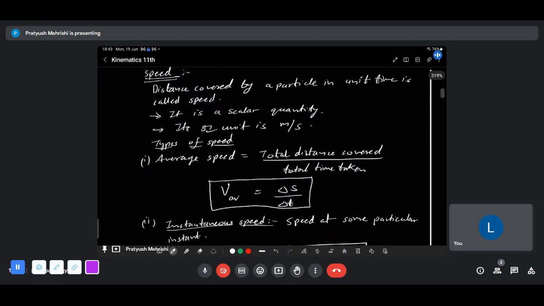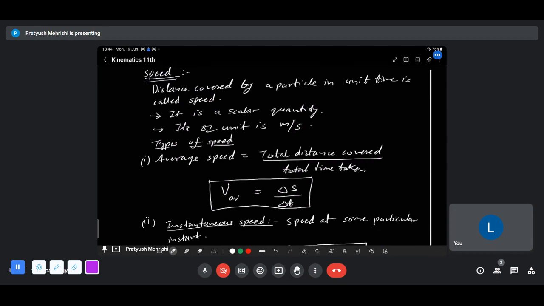Now, speed. What is the speed? Speed is the rate of change of distance of a particle, or we can say the distance covered by a particle in unit time is the speed. Speed is a scalar quantity because it is the rate of change of distance.